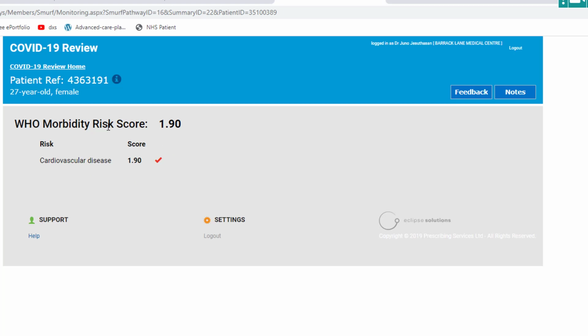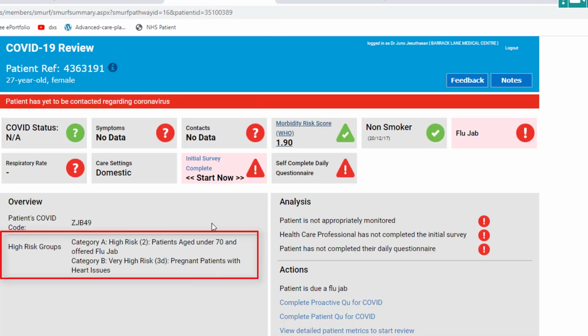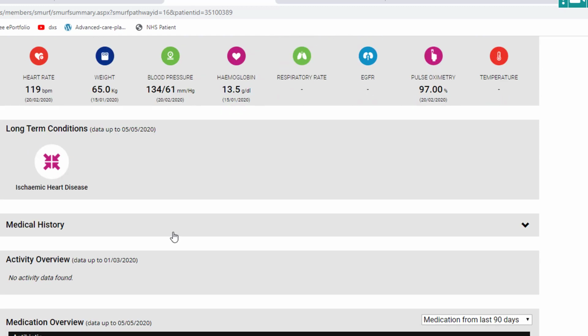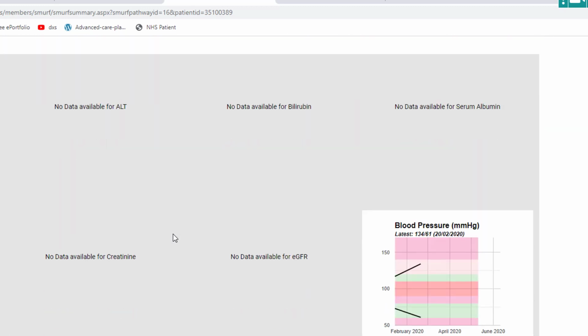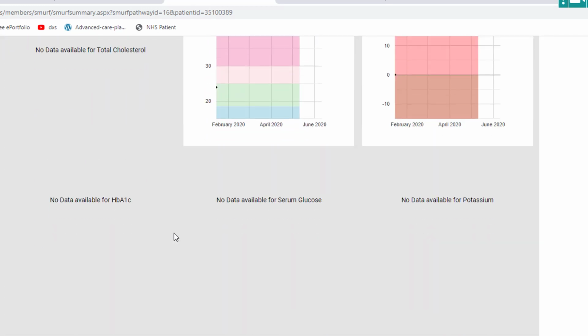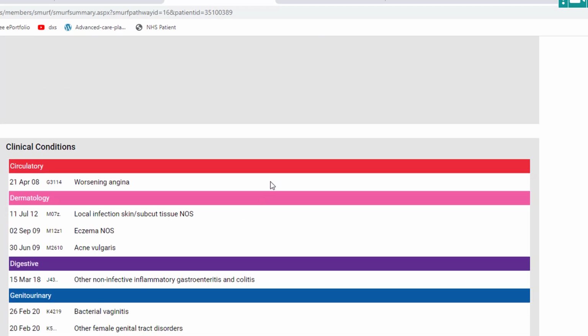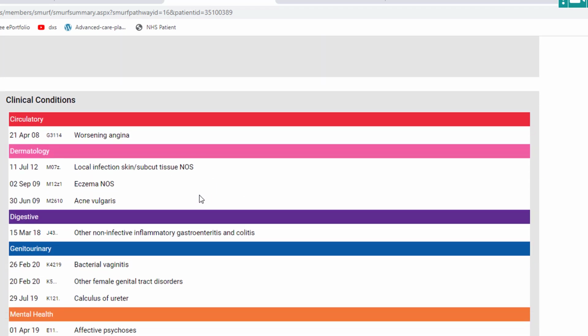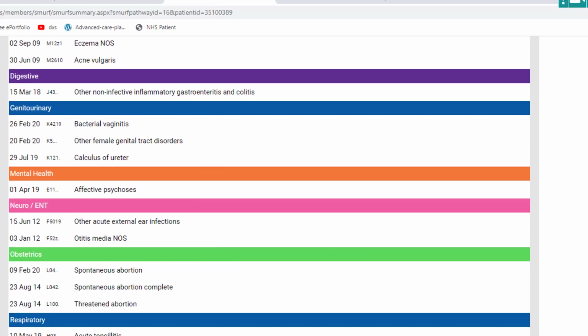She is picked up in the pregnancy list as well, so sometimes you do get that overlap between patients. Lots of other information is pulled through from System 1 regarding patient, blood tests, clinical conditions, the card, so worsening angina tells you all about the different things that they've had.